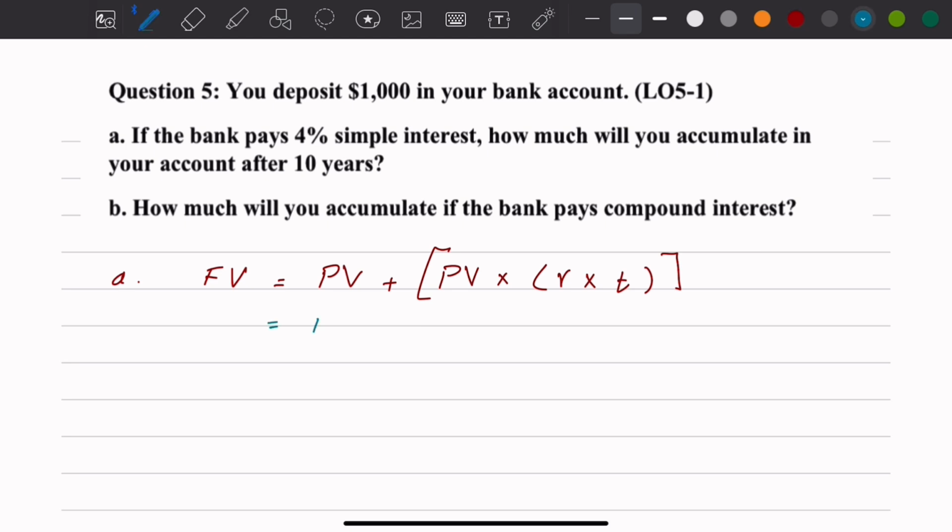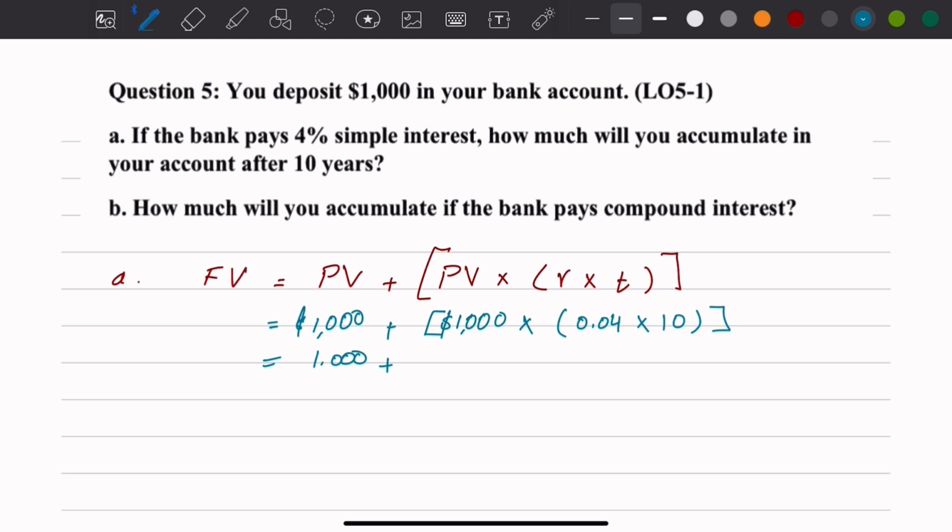So that will mean $1,000 plus 1,000 multiplied by 0.04 multiplied by 10. Okay, and that will be $1,000 plus, as we said, 4% out of 1,000, that's 40.